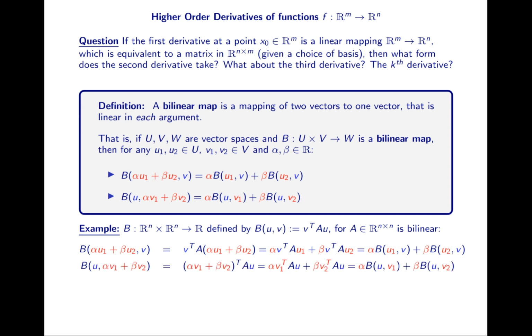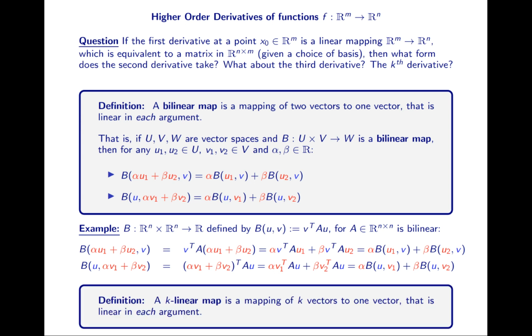And of course, it's linear in the second argument too. If that first vector is replaced by a linear combination, alpha V1 plus beta V2 transpose, the transpose is linear. That linear combination of vectors times A is linear, and I get the linearity in the second argument property that I want.